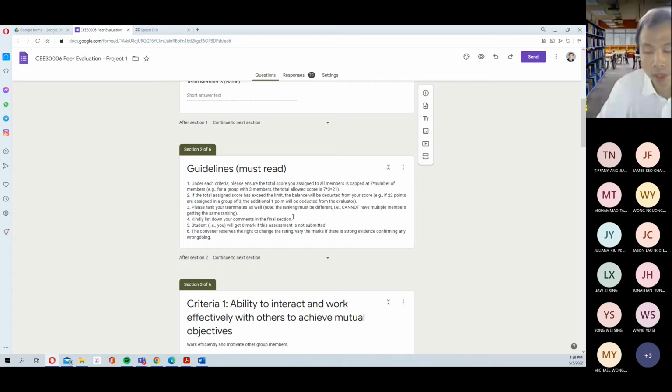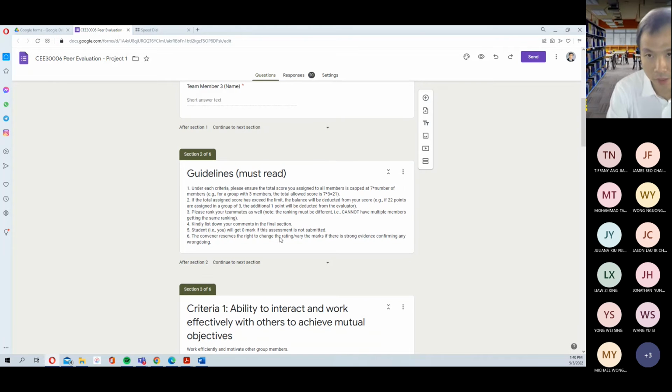This is quite important, because we know that as we form a group, sometimes we have limitations, and I cannot interfere directly in the group arrangement, or I choose not to interfere directly in the group arrangement, basically. But this will give a sense of fairness in how you contribute to your project.